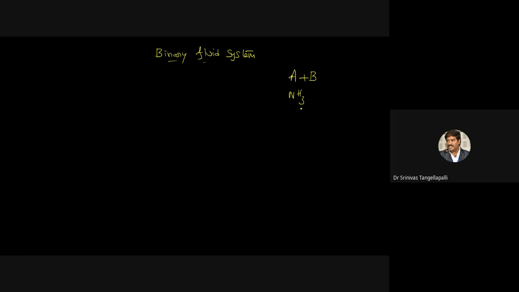Or you may design a condenser at, let us say, 30 degrees centigrade, and select the properties of NH3 accordingly. Yes, that is possible, but you have to maintain very high pressure.